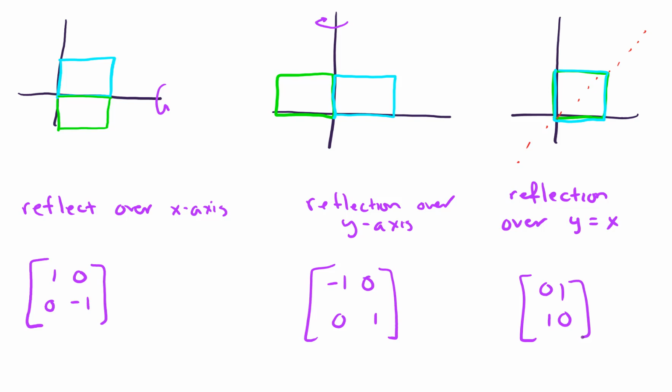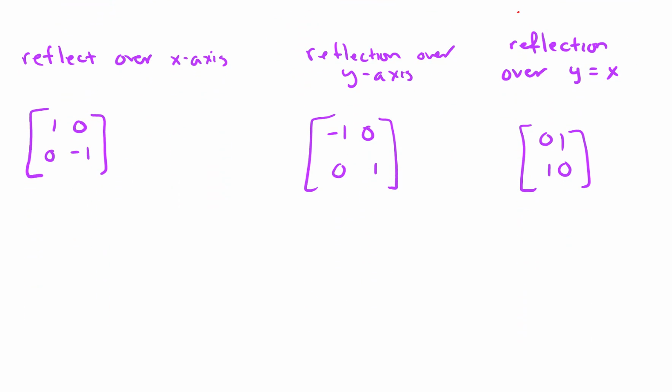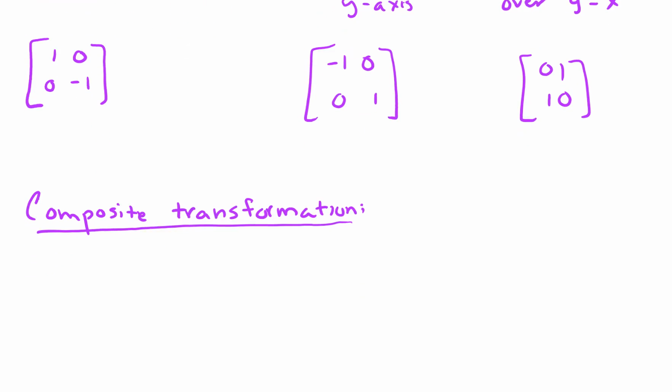So let's take a look at an example where we do two transformations. In other words, we form the composite transformation. Now keep in mind that these transformations act like function compositions. So suppose we want to do things in a particular order.